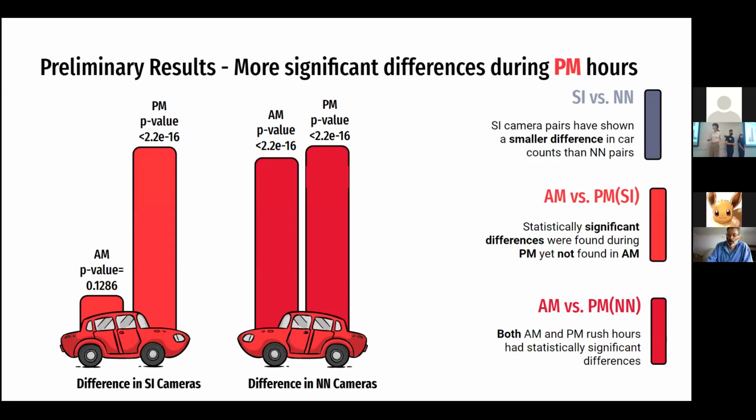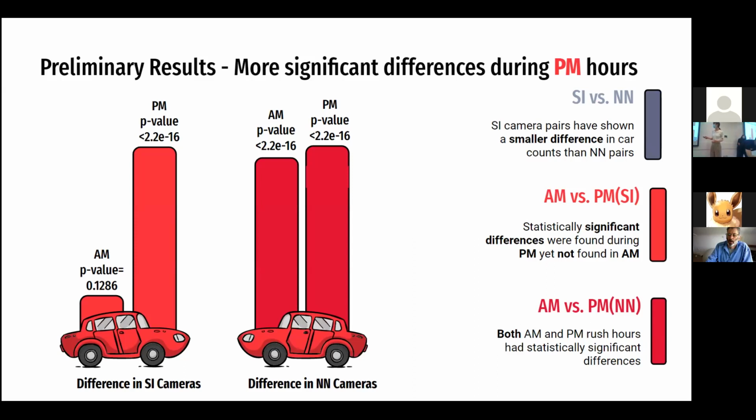And as for the overall preliminary results, as you can see, the same intersection cameras have shown a smaller difference in car count between cameras than the nearest neighbor cameras.